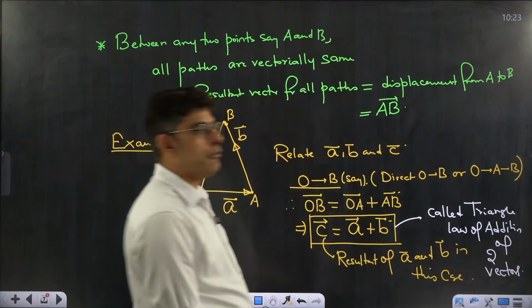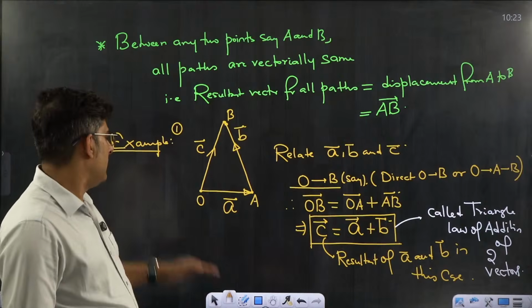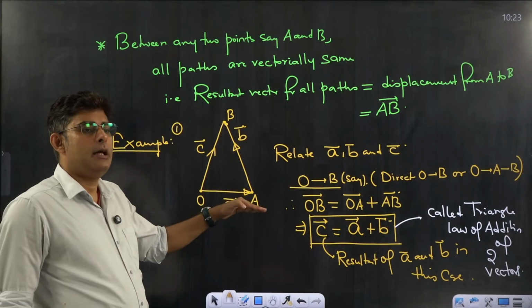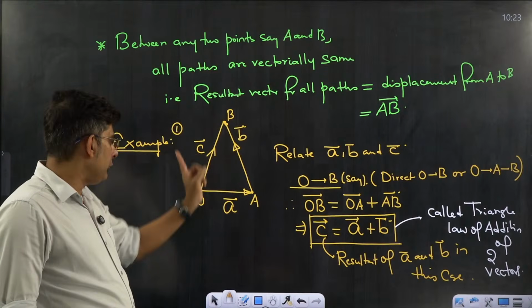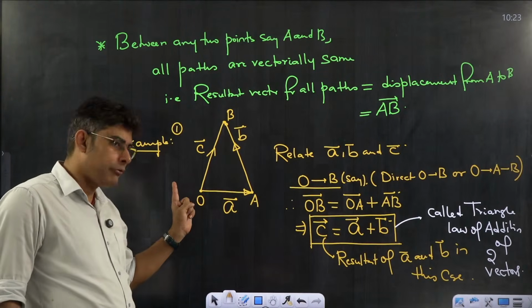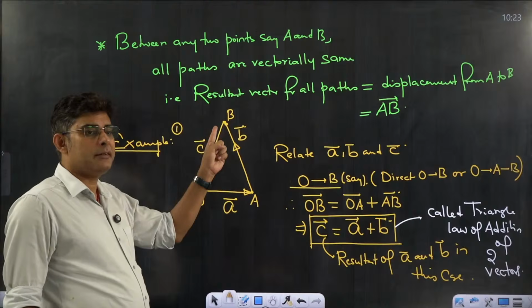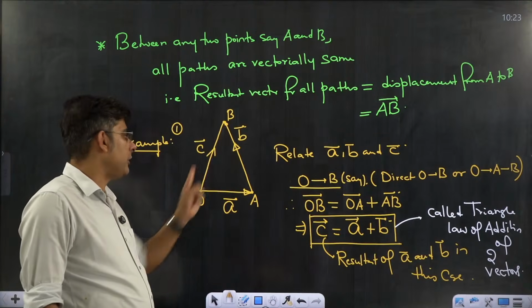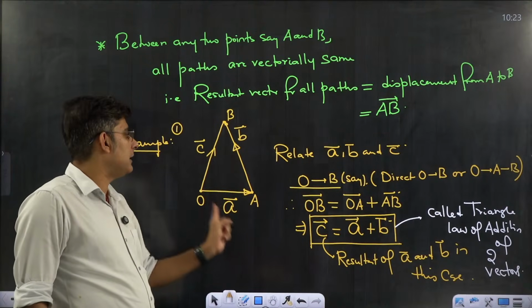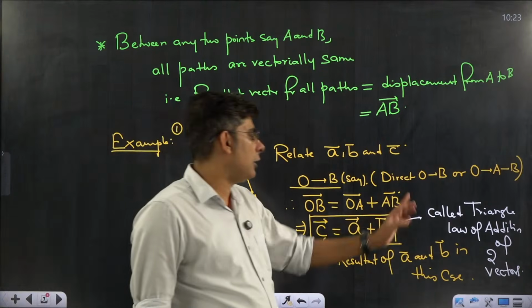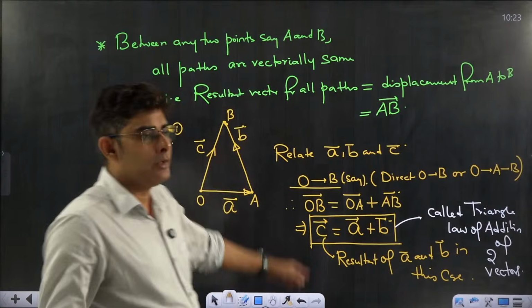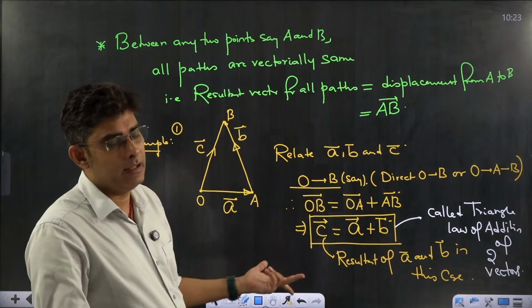So when you want to find the resultant of two vectors, if one vector is arranged such that where it ends, the other starts, then if you draw a vector from the starting point of the first vector to the end point of the second vector, that will be the resultant of these two, or the vector sum of these two. This is what we call the triangle law of addition, because the figure is a triangle.